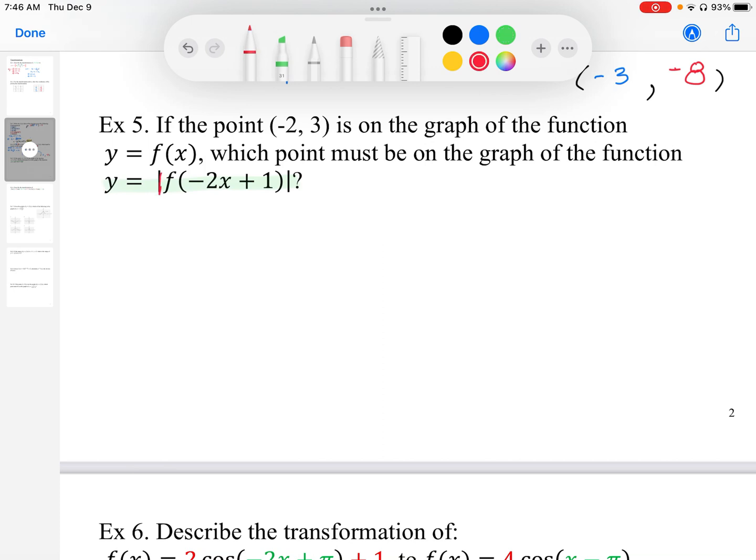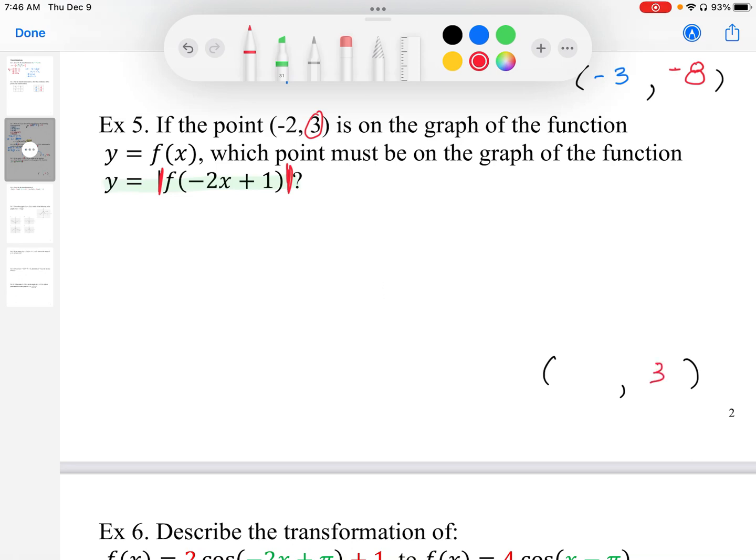And then we have our x transformation as well. So the point on the graph that we're going to end up with, when we do the absolute value, it doesn't do anything to this particular coordinate because that one is already positive. So it's just going to stay at 3.